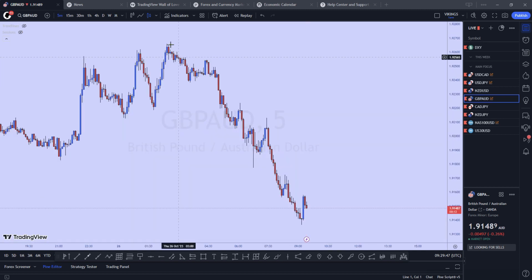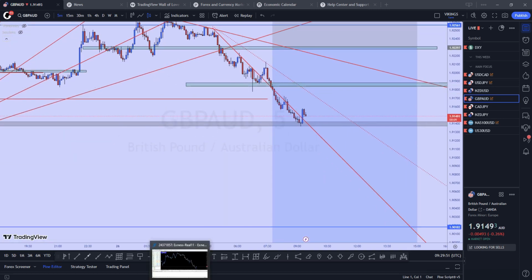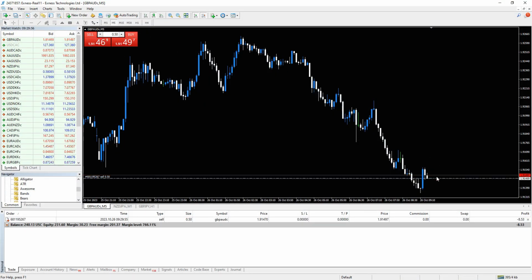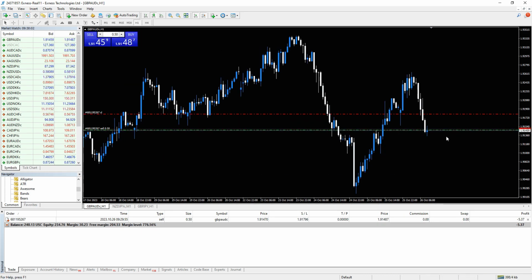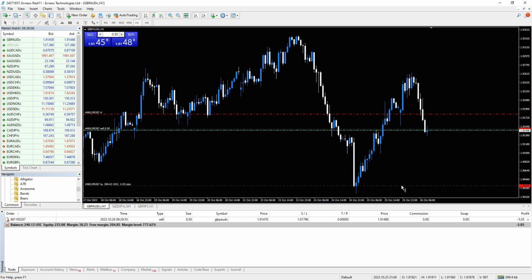I need to add positions on this. I need to take some sells on this. So put my stop on here and go for this recent low.